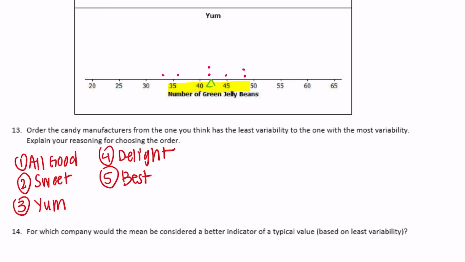All right. Explain your reasoning for choosing the order. So I chose, let's see, All Good, Sweet, and Yum have the smallest variability.